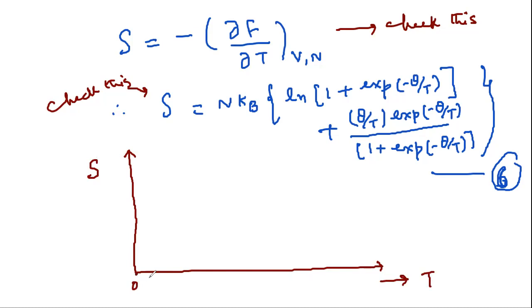There will be 0 here. This is 1 theta, the characteristic temperature. This is 2 theta. Then I have 3 theta. So at theta, I draw a dotted line on this side.